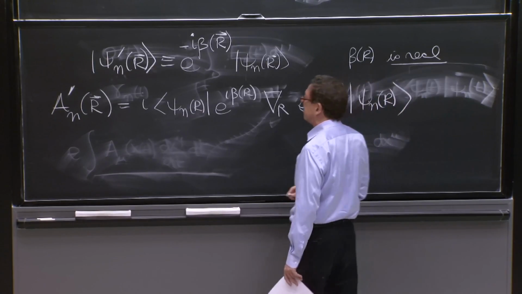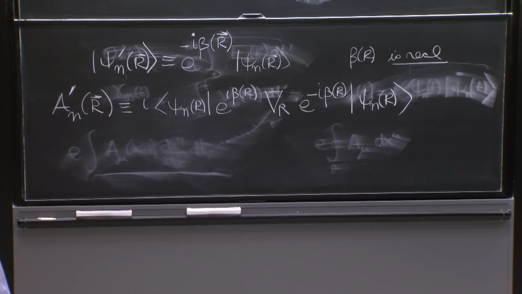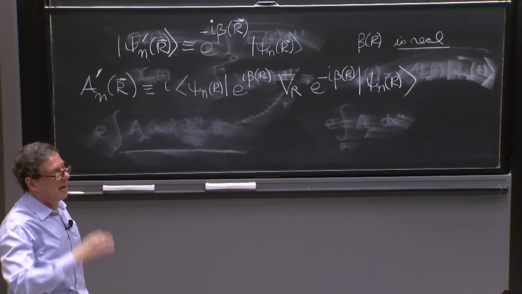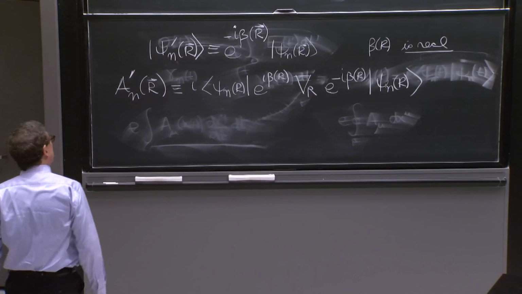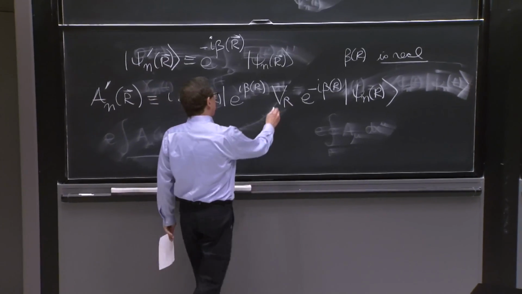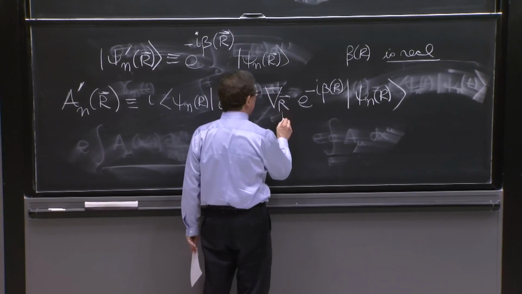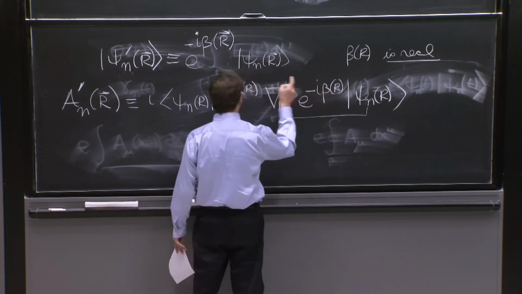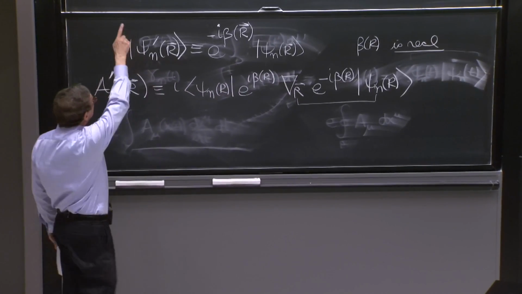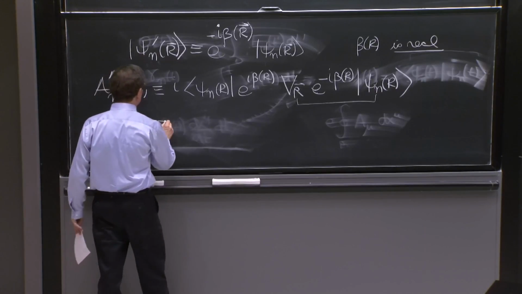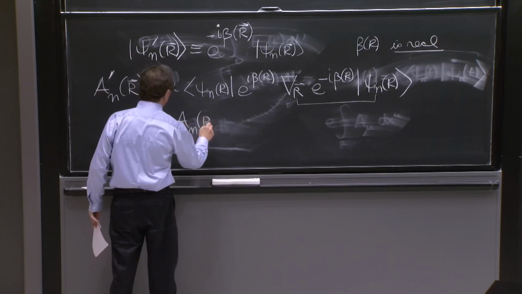So this is, by definition, the new Berry connection associated to your new redefined eigenstates. Now this nabla is acting on everything to the right. Suppose it acts on the state, then the two exponentials will cancel, and then you get the old connection. So there's one term here, which is just the old A_n of r.